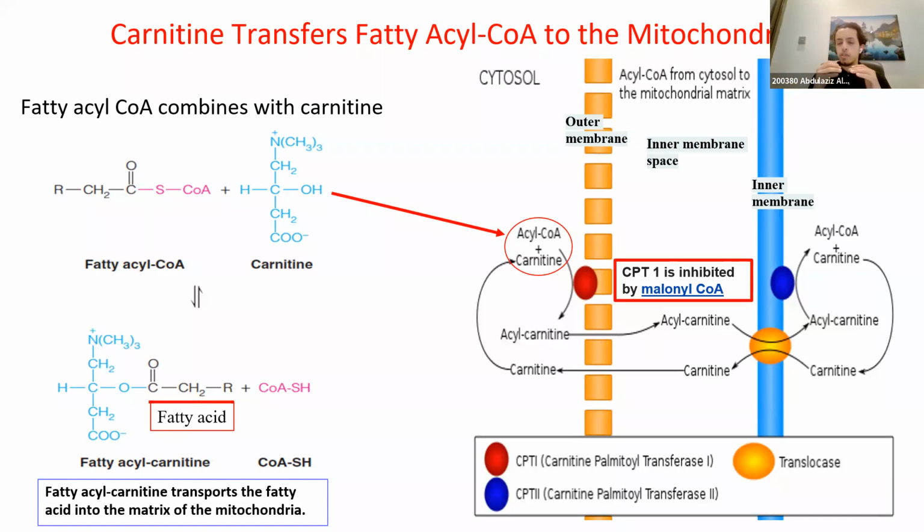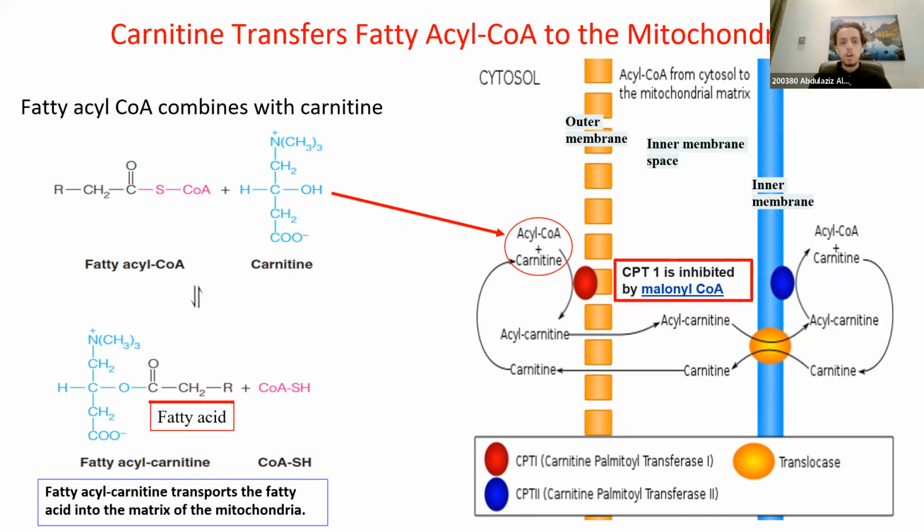Once it comes into the matrix, CPT2 will remove this carnitine and CoA will reattach. So it's not going anywhere. It's just to allow it to enter the matrix. The CoA is very essential, of course. However, to enter the mitochondrial membrane, it needs carnitine, so carnitine will take its place. Once it enters the mitochondrial matrix, CPT2 will remove the carnitine and add CoA back on, essentially.